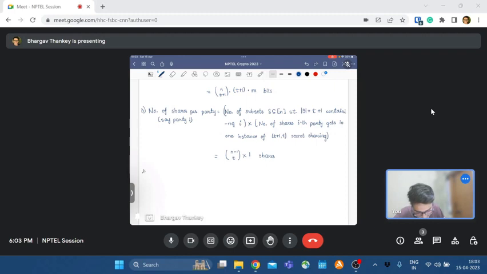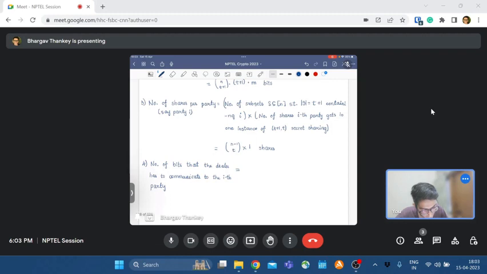And the number of bits a dealer has to communicate to the ith party is exactly equal to the number of shares the ith party possesses times bits per share.